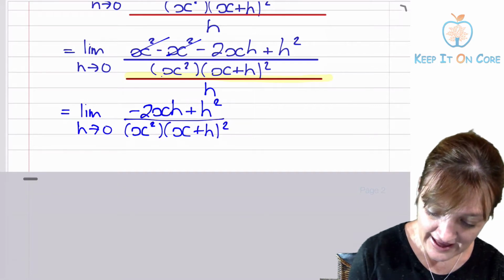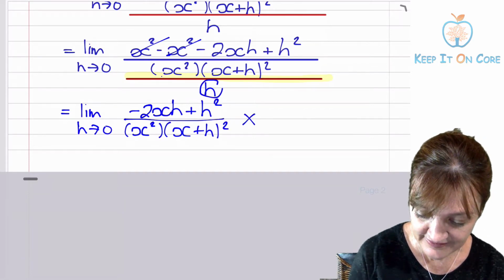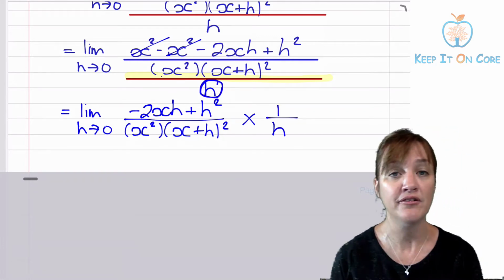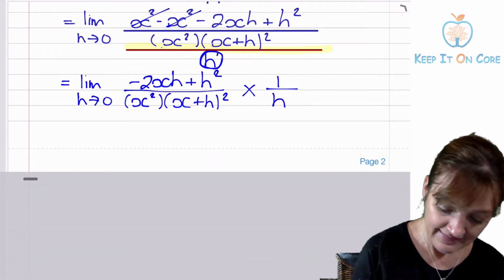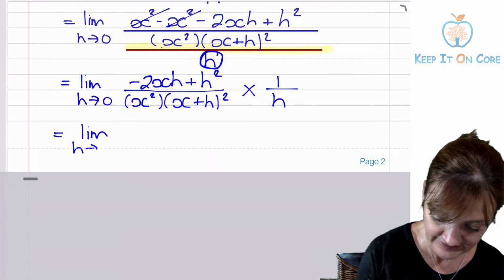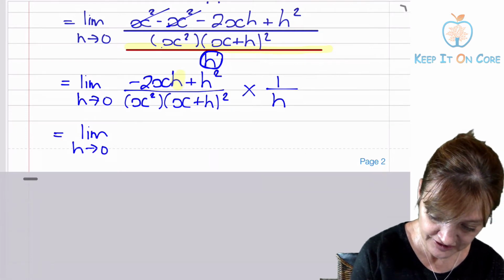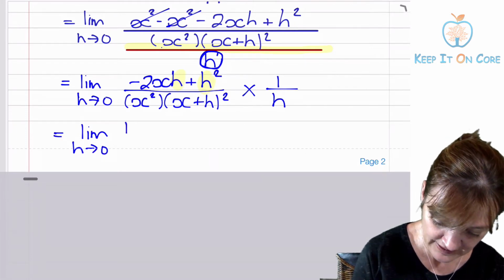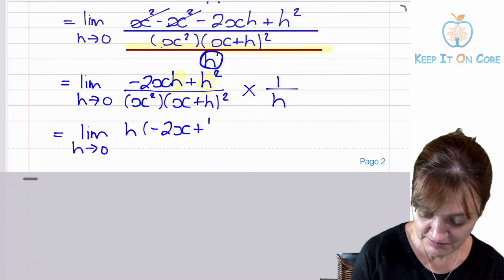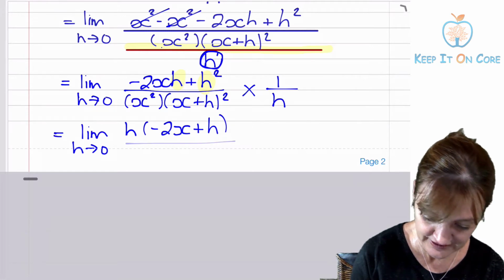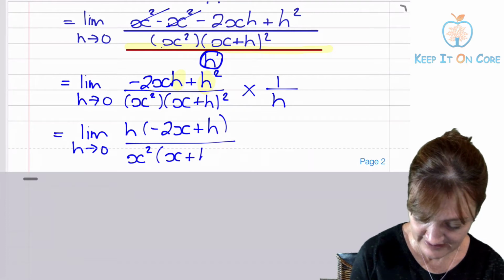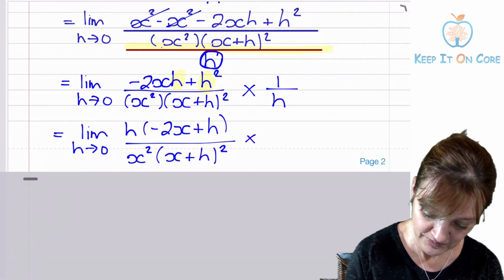And I'm going to say multiplied by, now if this denominator was h over 1, if I tip and times it, it's going to become 1 over h. That's going to work nicely because if I take out a highest common factor of h from here and from here, we're left with negative 2x plus an h over x squared and x plus h squared, and then times by 1 over h.